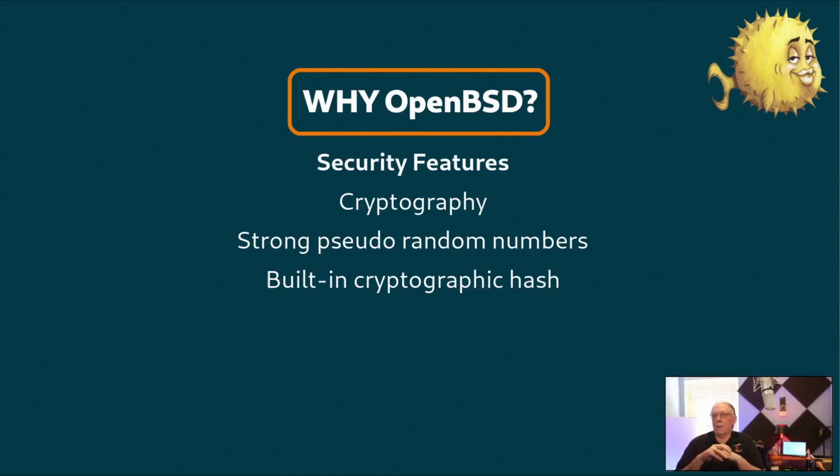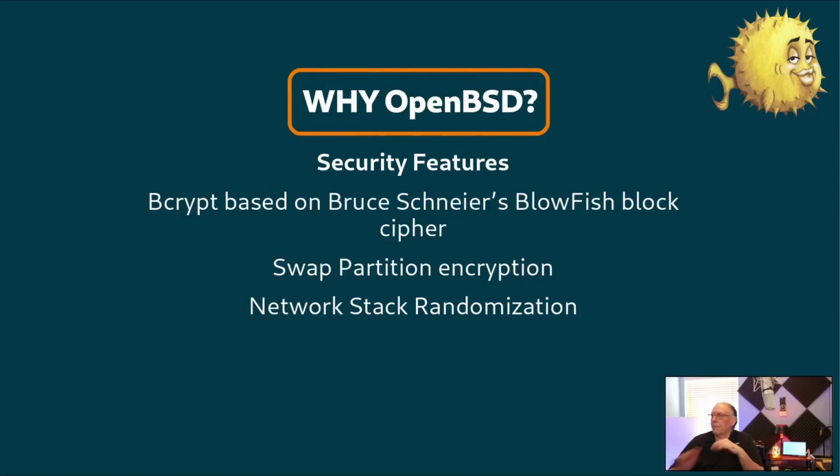There's also a built-in cryptographic hash. They felt that Pretty Good Privacy, or PGP, is too slow and too complicated to do signing of information, so they came up with a better way of doing that. They also use bcrypt, which is based on Bruce Schneier's Blowfish block cipher.